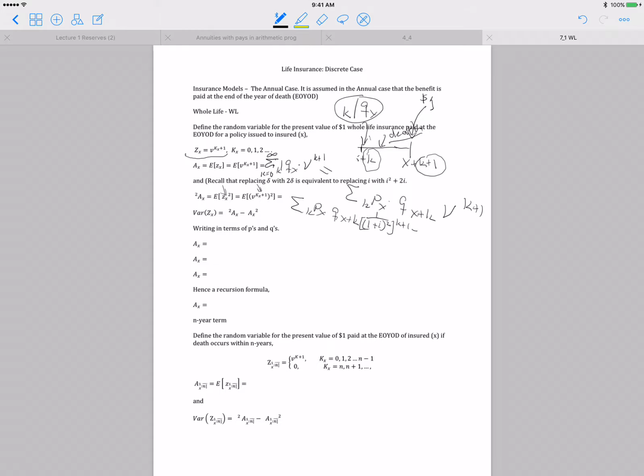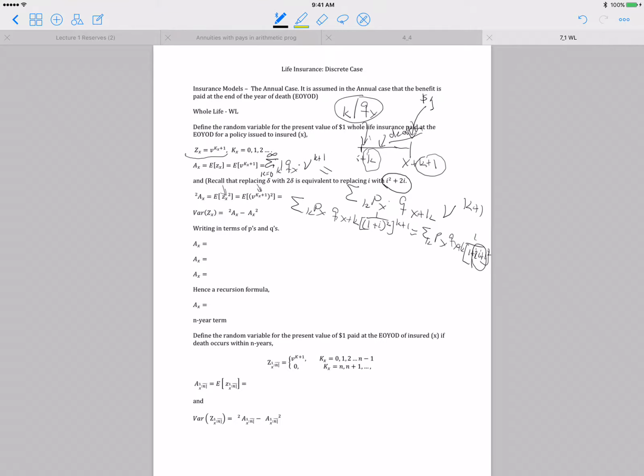And notice if I go ahead and square that out, I get 1 over 1 plus i plus 2i plus i squared, and then all of that is raised to the K plus first power. But my point is that when I'm taking the second moment, i is replaced with 2i plus i squared.